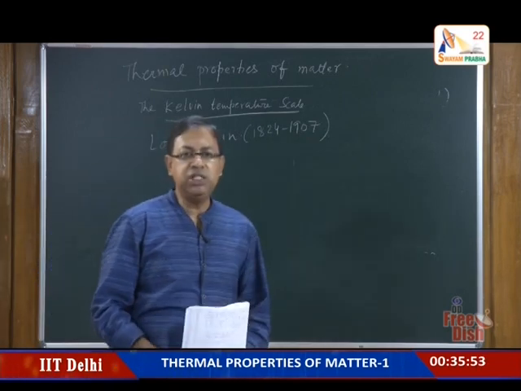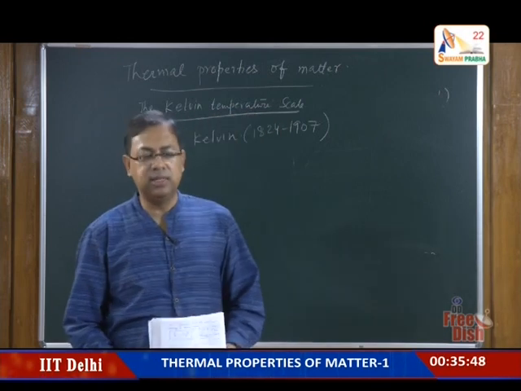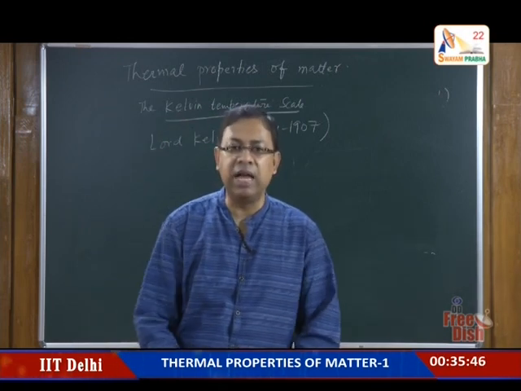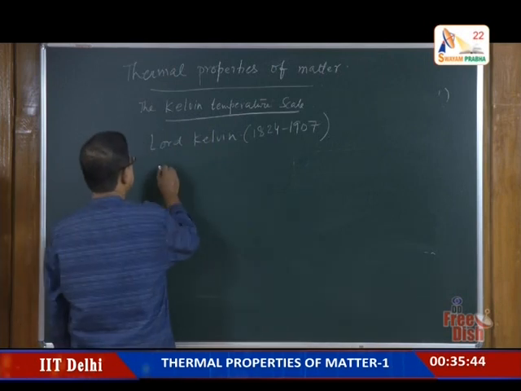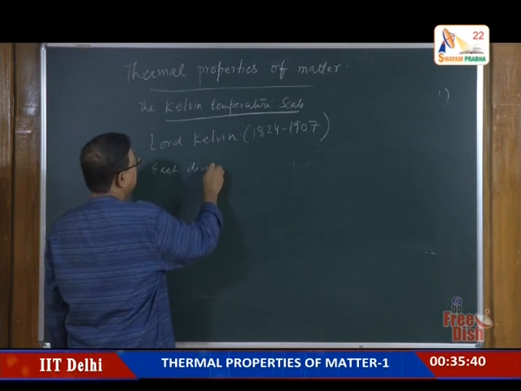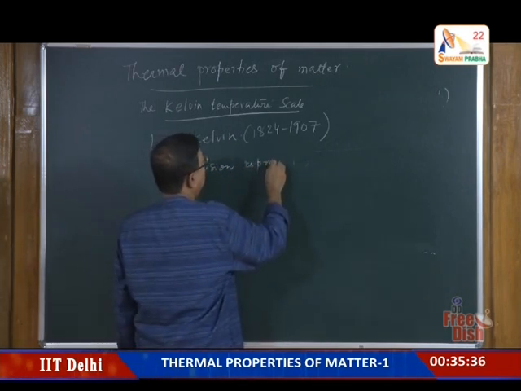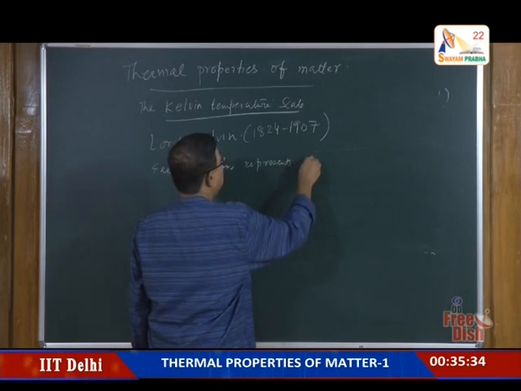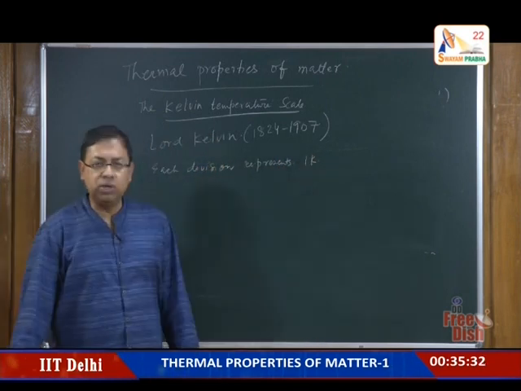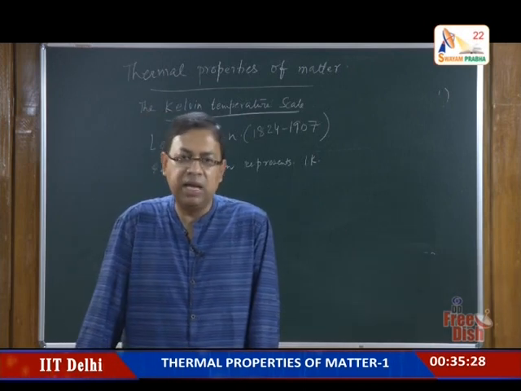And each division in that scale is represented by a Kelvin. So each degree or each division, whatever you want to call it, represents 1 Kelvin. And please do remember that it is not degree Kelvin, it's simply Kelvin.